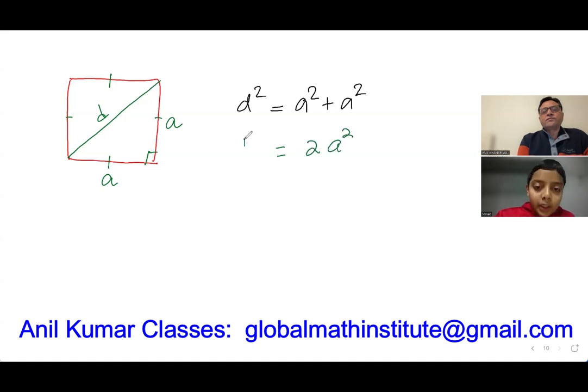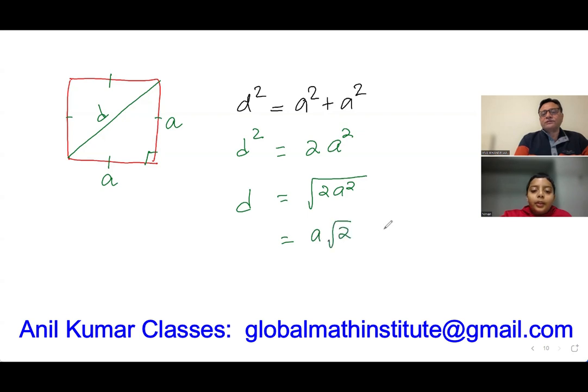We'll square root it, so we'll square root 2A square. And square root of A square is A, so A will come outside and we get A square root 2 units. Is that clear to you? So for any length of a square, the diagonal will be square root 2 times that length.